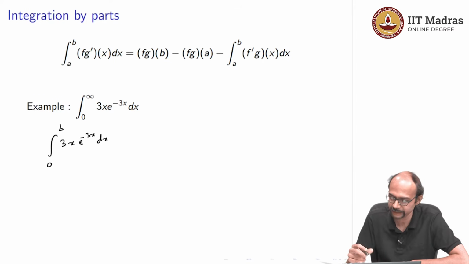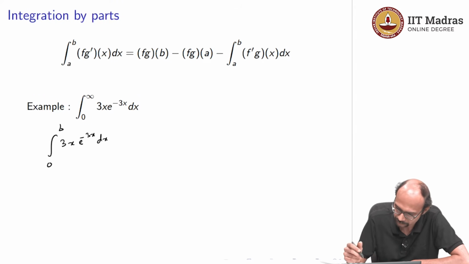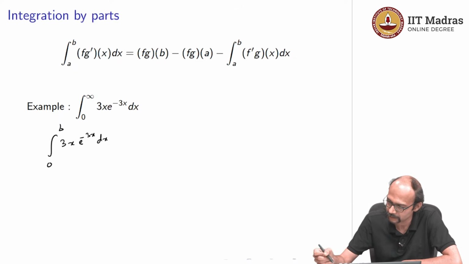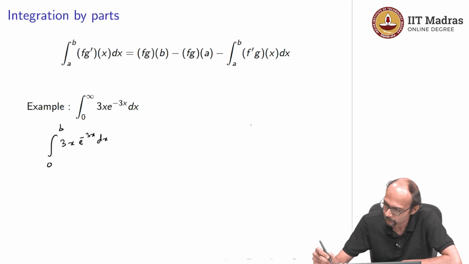Now, let us interpret this in terms of our integration by parts. The key question here is what is f and what is g, and the idea is that you should choose f to be such that f prime becomes nice, so this last integral is something easy to compute.